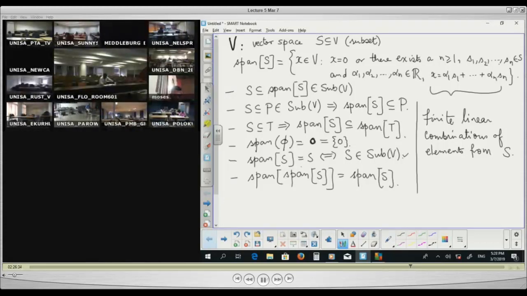These are the properties that we discussed last time, and they are very crucial in understanding what span is. That's what we did last time. Okay?